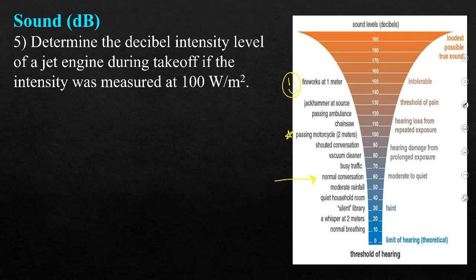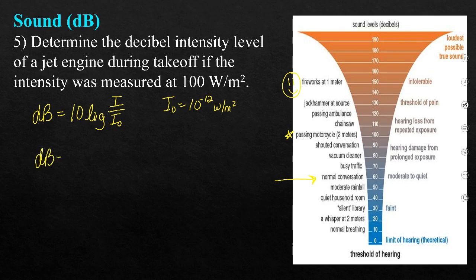All right, so we have the decibel level equals, here's our equation, 10 multiplied by log of the intensity over the initial intensity. Remember I sub 0 is 10 to the power of negative 12, and again, that would be watts per meter squared. So substitute in the info that we have so we can solve.